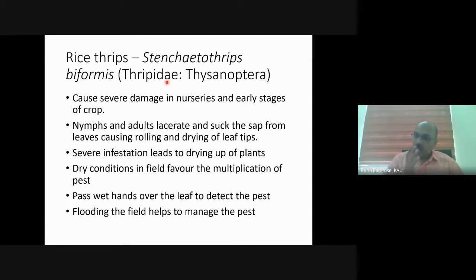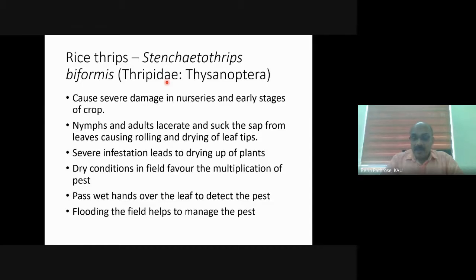If you then observe your palm, you can see very small black colored insects getting attached to your wet palm. If thrips infestation is there, you can see very small black insects on your palm. So that is an easy way to identify the insect.